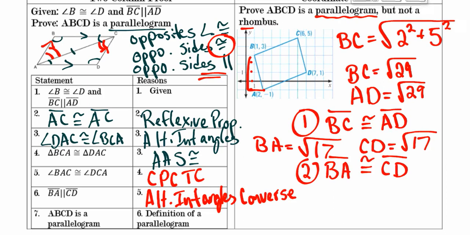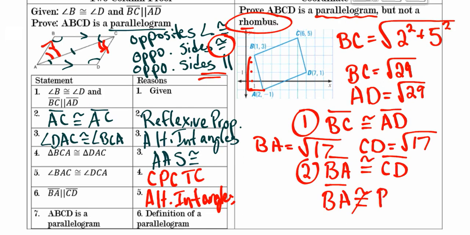You could have done the exact same thing with slope. If you want to use slope, you can do the same thing. The only disadvantage to that is slope doesn't comment on whether it's a rhombus or not, but we actually do have what we need for a rhombus. BA is not congruent to BC. I already demonstrated that.